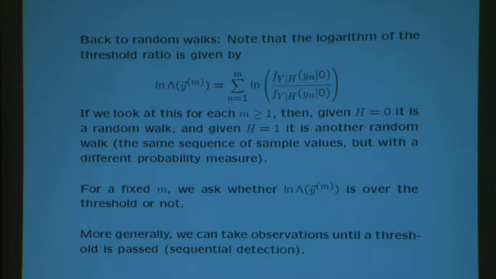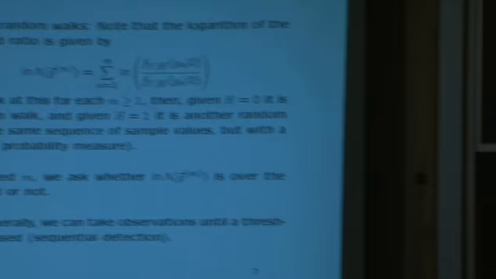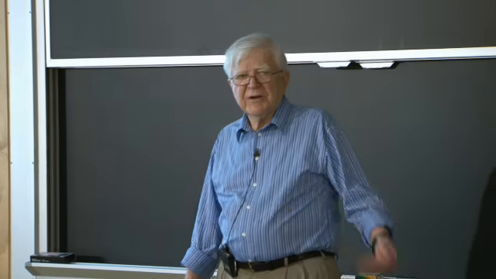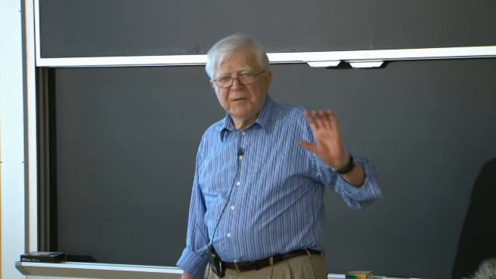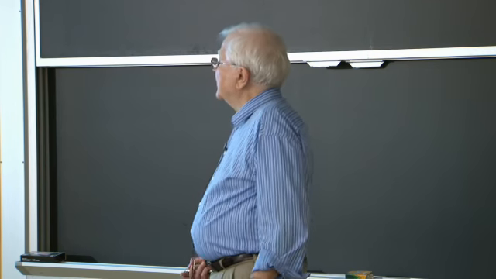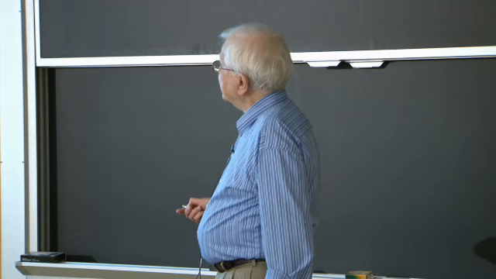If we look at this for each m greater than or equal to 1, then given h equals 0, it's a random walk, and given h equals 1, it's another random walk. It's the same sequence of sample values in both cases. Namely, as an experimentalist, we're taking these observations. We don't know whether h equals 0 or h equals 1 is what the result of the experiment is going to be. But what we do know is what those values are. We can calculate this sum.